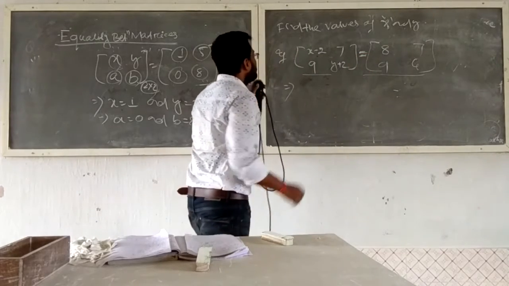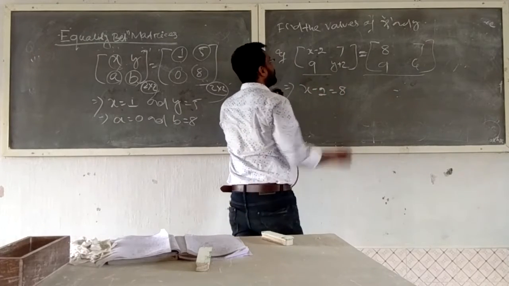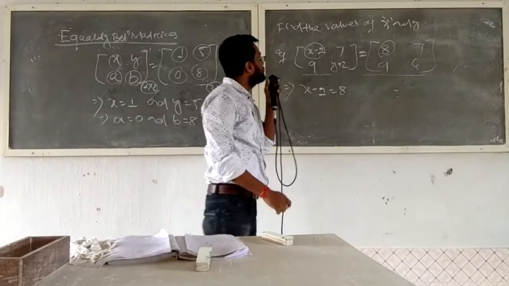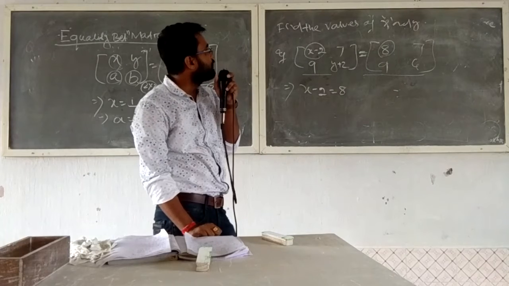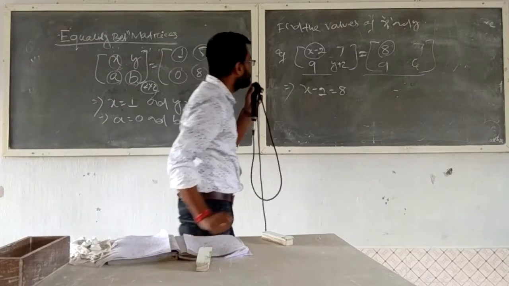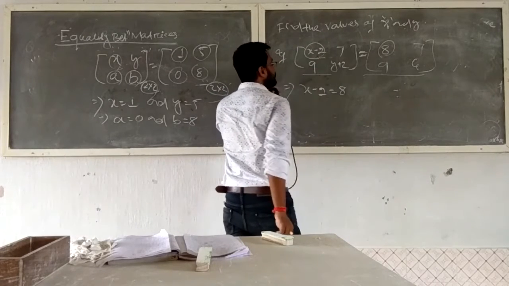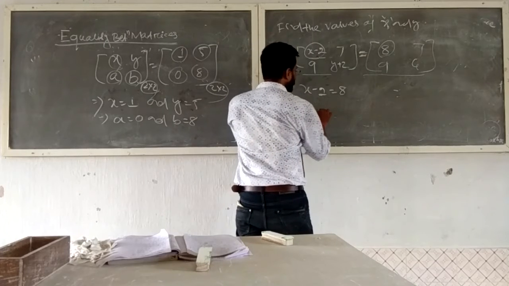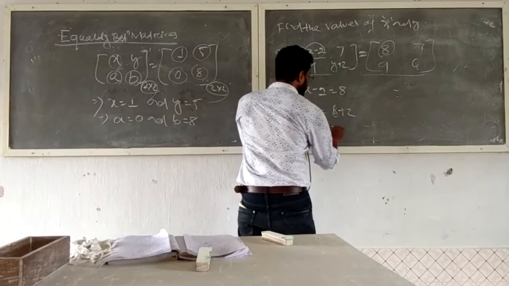That means x minus 2 equals 8. Equality means that the matrices have equal orders and the corresponding elements are the same. So x minus 2 equals 8, and that implies x equals 8 plus 2, that is x equals 10.